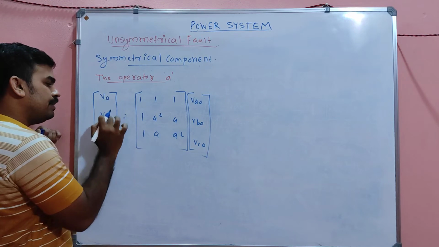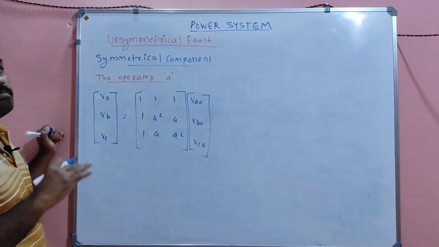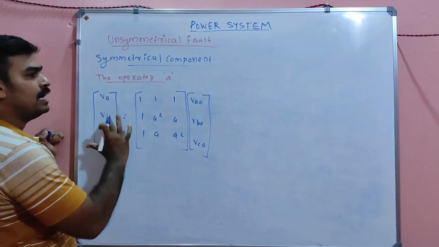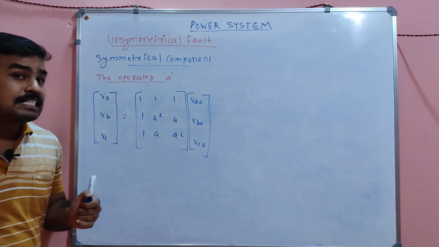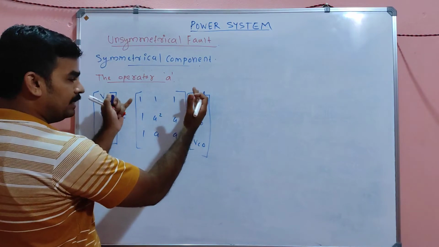The VA, VB, VC are all, my dears, what? Unbalanced vectors. These unbalanced vectors can be resolved into 3 balanced vectors. By how? By this.